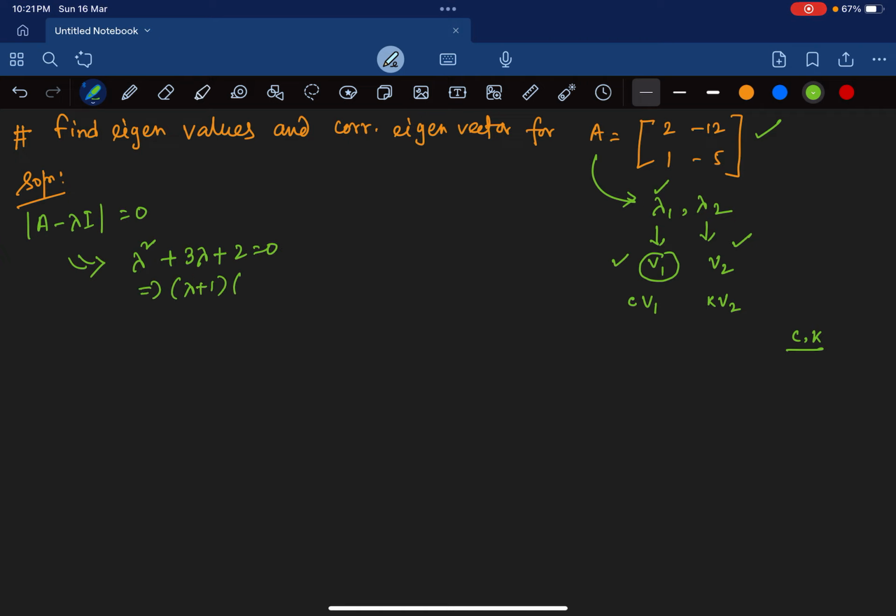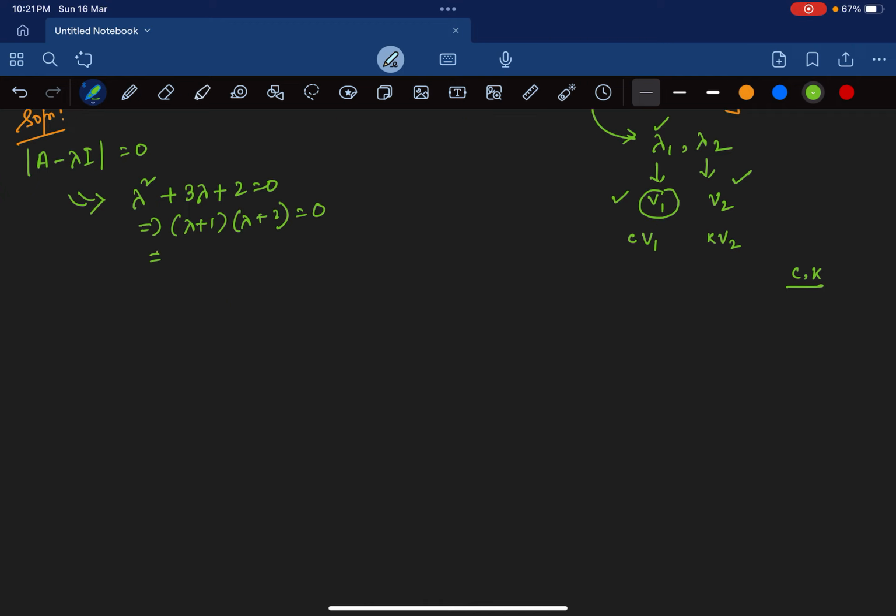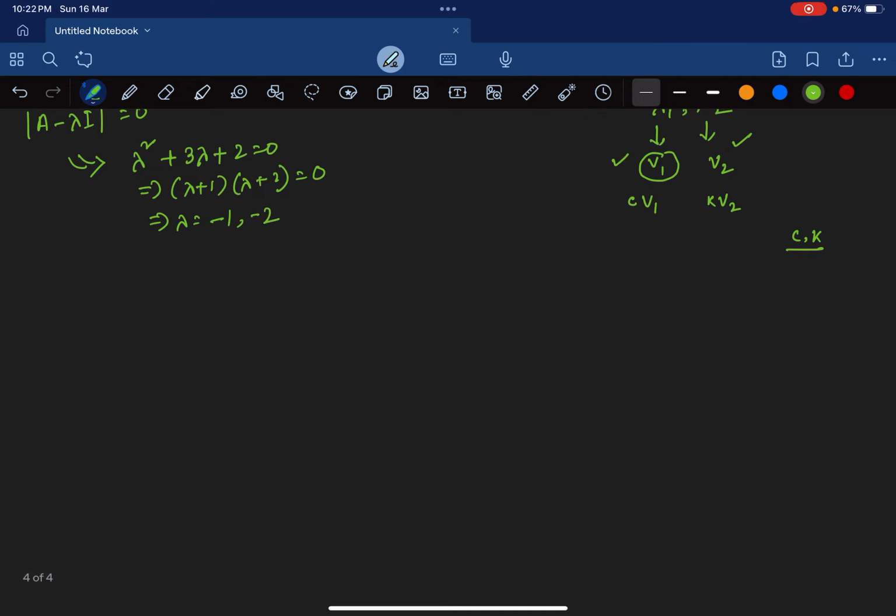So from here (λ + 1)(λ + 2) = 0. So the values are λ = -1 and -2. These are the eigenvalues. So see the process for λ = -1.